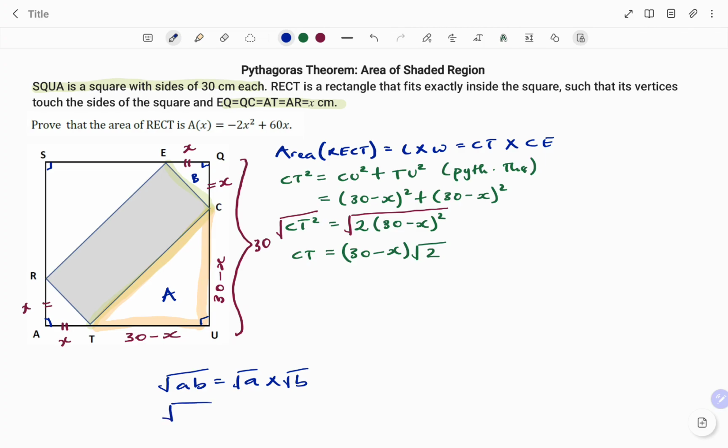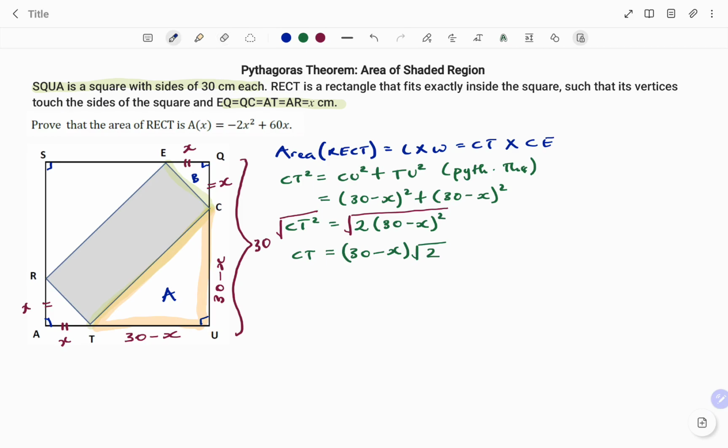So the square root of 2 times 30 minus x all squared is the same as square root of 2 times square root of 30 minus x all squared. So going back to my calculation, I've been able to find the distance CT, that's in centimeters.